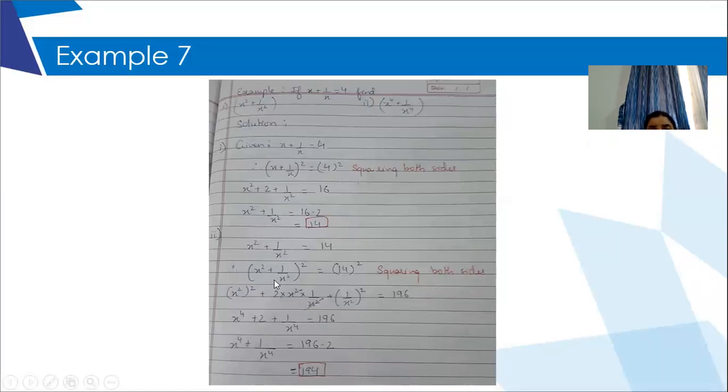Most of the time you will get a pure number because your a and b are reciprocals of each other. In this case also, x square and 1 by x square are reciprocals of each other. So when you multiply two numbers such that one is the reciprocal of the other, they cancel each other and you are left with a pure number.